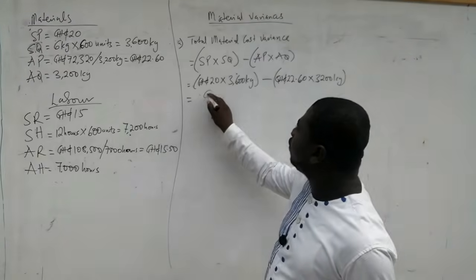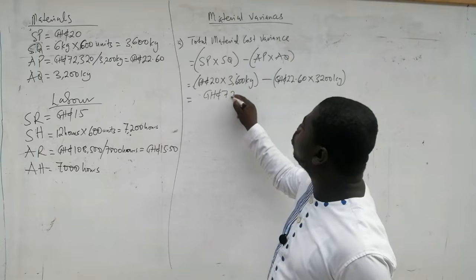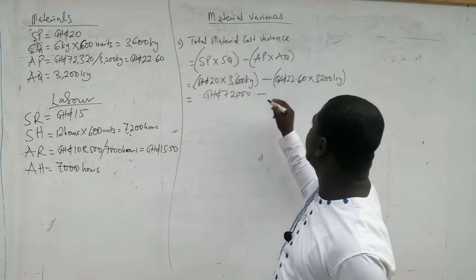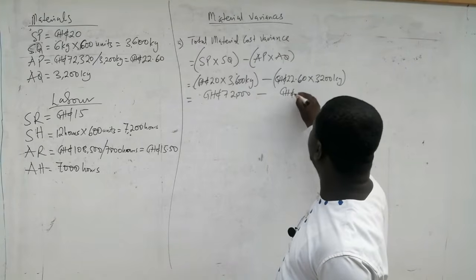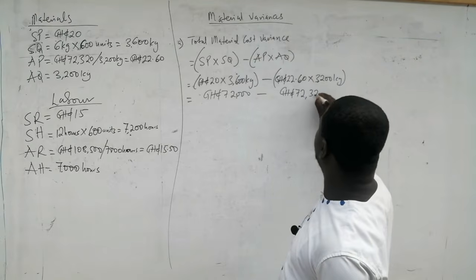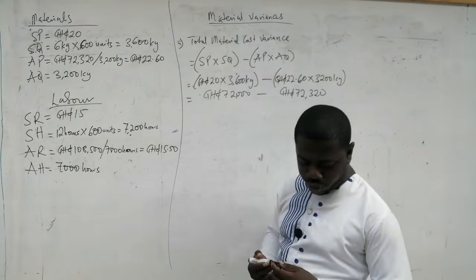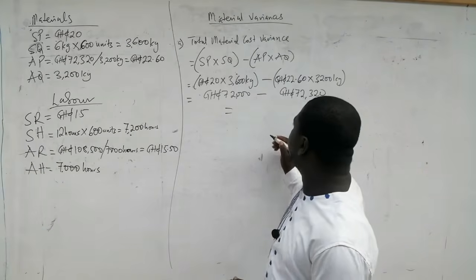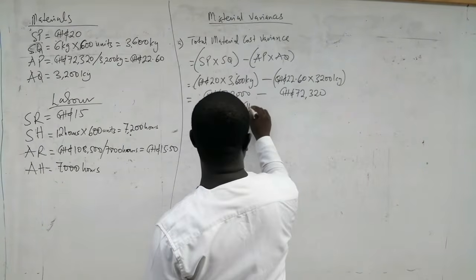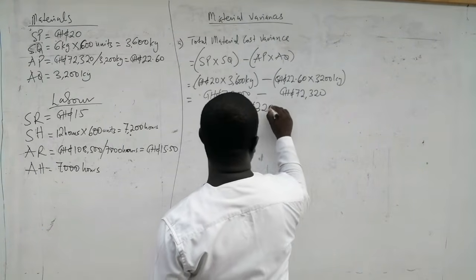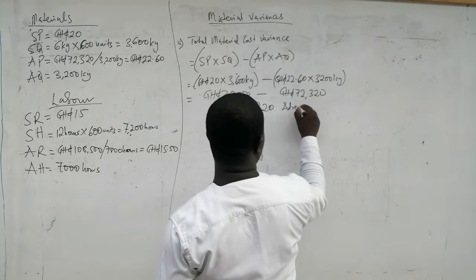And so we have 72,000 Ghana cedis minus 72,320. So that is what we have. And so our final answer will be 320, which is an adverse variance.